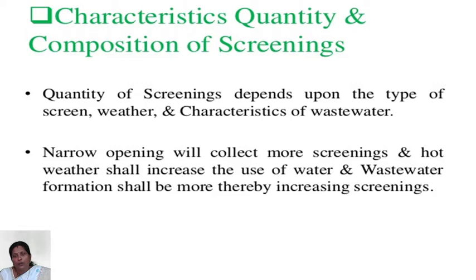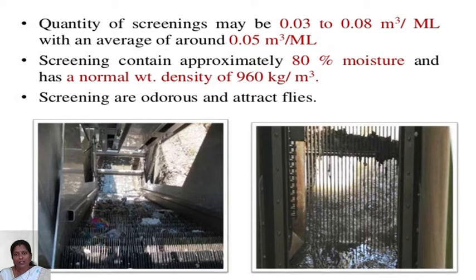Characteristics, quantity and composition of screenings. The quantity of screenings depends upon the type of screen, weather and characteristics of wastewater. Narrow openings will collect more screenings, and hot weather increases water use and wastewater formation, thereby increasing screenings. The quantity of screenings may be 0.03 to 0.08 cubic meter per million liter, with an average of around 0.05.